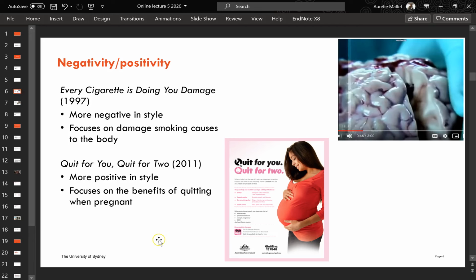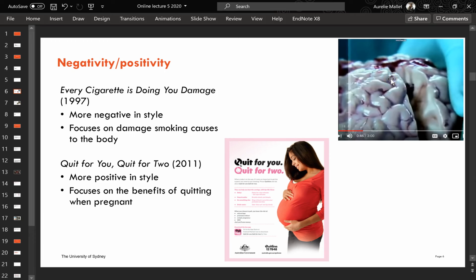So campaigns can either be more negative or be more positive in style. It doesn't mean that a campaign is exclusively negative or exclusively positive, but it just has a tendency to be more one than the other. So we looked at the Every Cigarette is Doing You Damage campaign here.